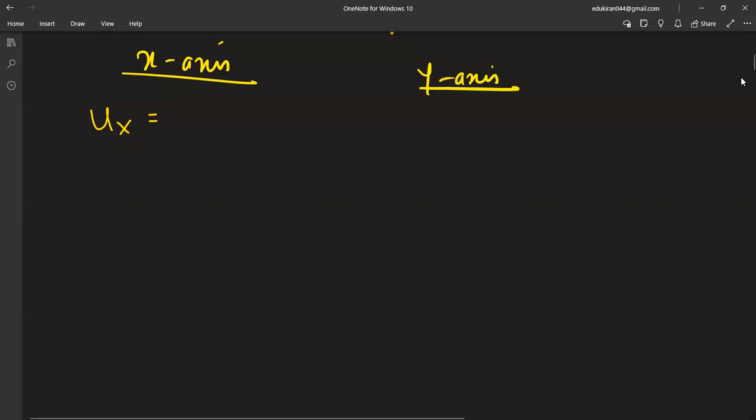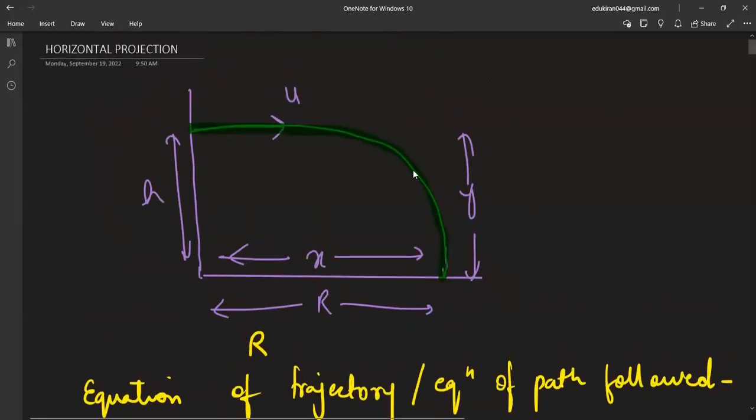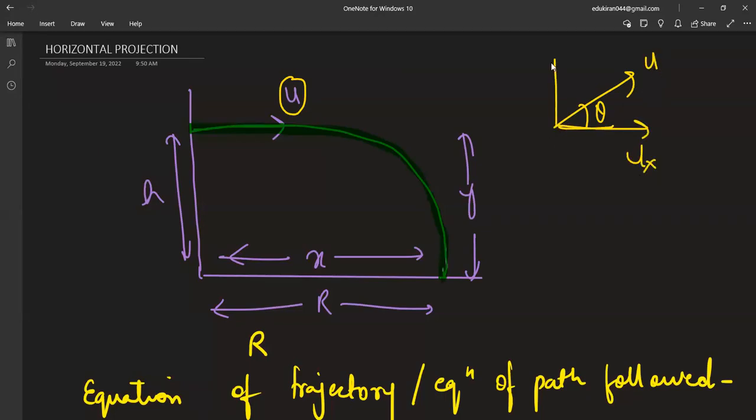But look, do we need to have the components along x and y now? Can you notice that the velocity's component along the x-axis is only this u? Earlier, we had an angle with u as the initial velocity, so we had to break it up into its components ux and uy, from which ux came out to be u cos theta and uy came out to be u sin theta.